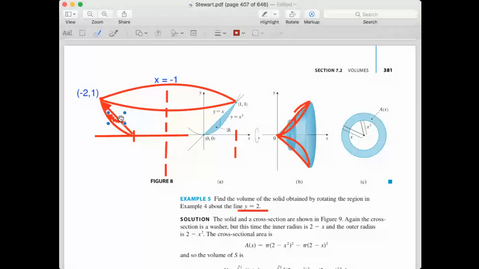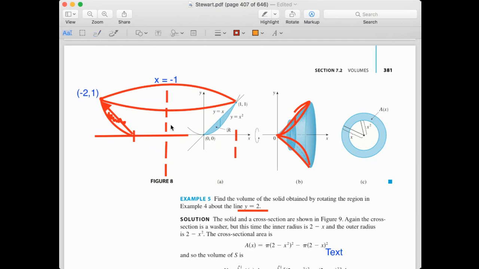Just convince yourself, this looks like a ball, and the thickness of the ball is this much, and we want to find the volume of this. So again, what do we want to do? We see the inner, we want to use the outside one minus the inside one, right?